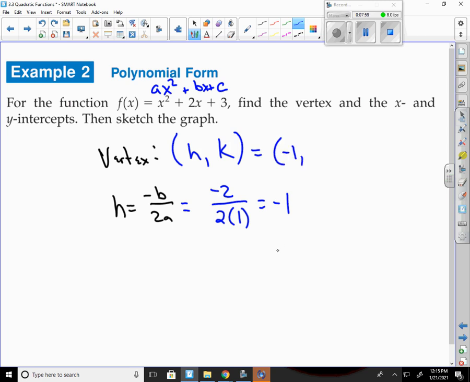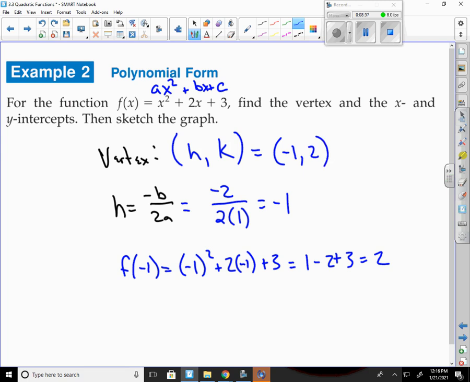That's negative 1. To find the y value of the vertex, I need to plug that negative 1 in everywhere I see an x. So f of negative 1 equals negative 1 squared plus 2 times negative 1 plus 3. Negative 1 squared is 1. 2 times negative 1 is negative 2. 1 minus 2 is negative 1, plus 3 is positive 2. My y value is 2.